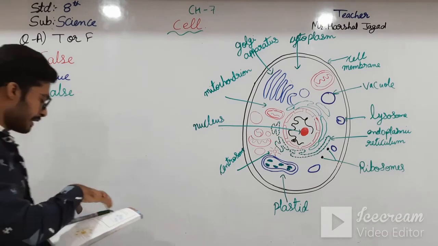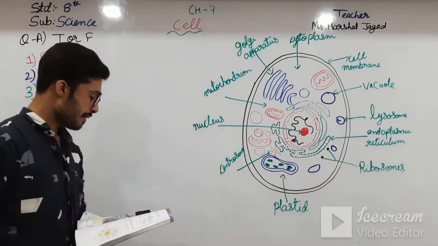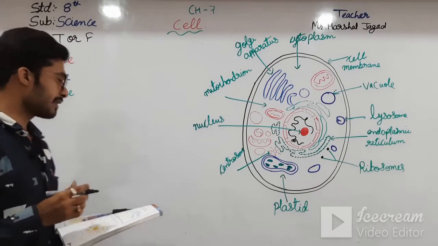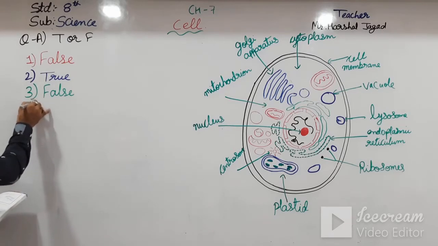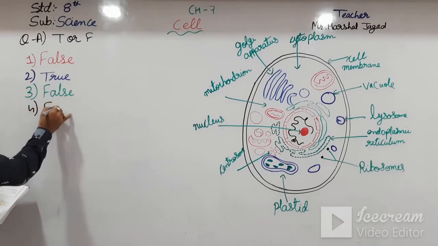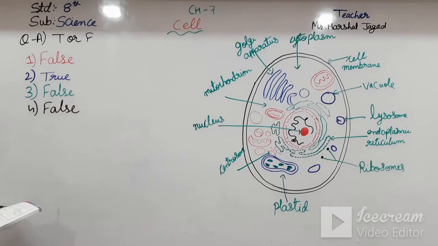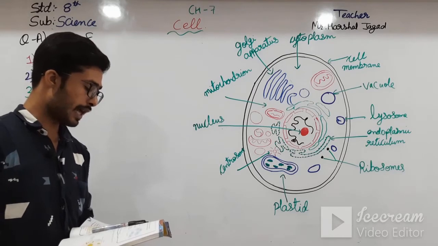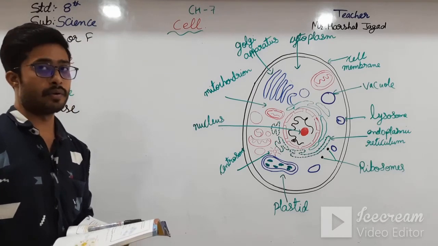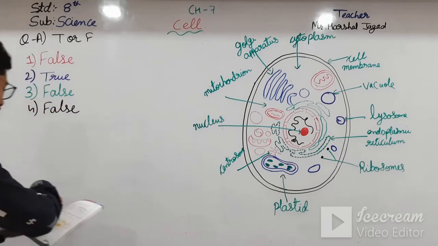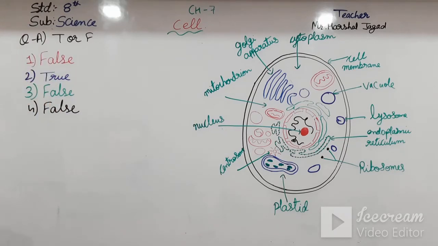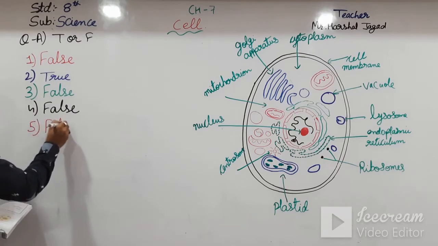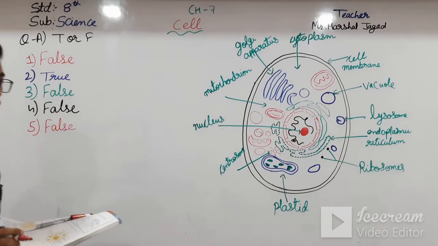Next, an amoeba is multicellular. No, amoeba is unicellular. So, the fourth one is false. Fifth, cells can be seen only with the help of a slide. No, cells can be seen with the help of a microscope.